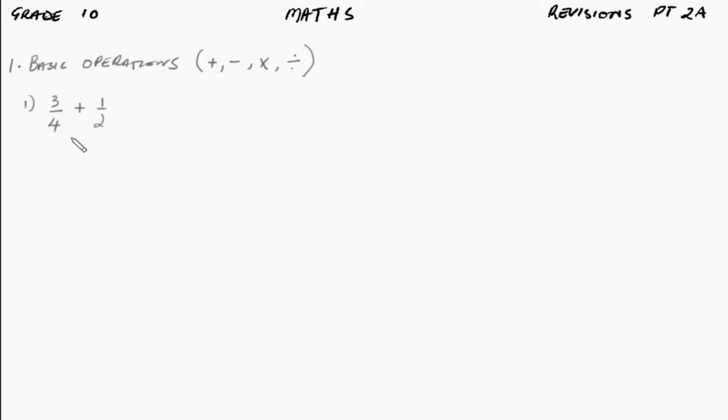Now you need to look at the denominators. This 4 and 2, these are the denominators. Then you look at the lowest common multiple of these denominators. That means you are going to look at the multiples of 4 and then the multiples of 2.